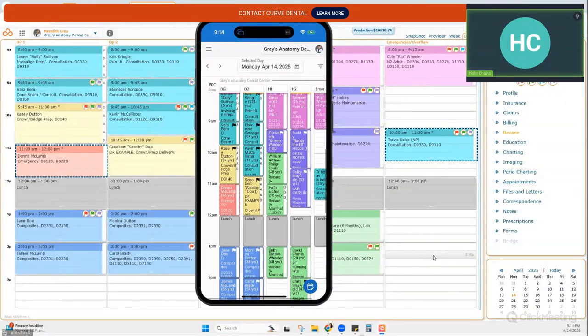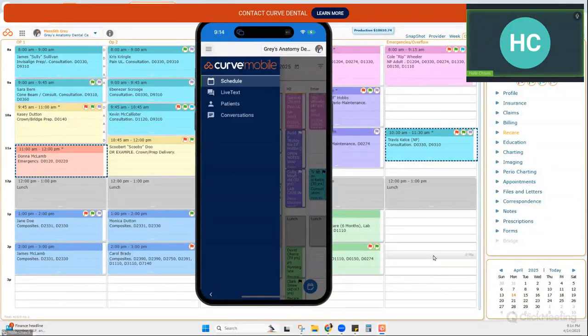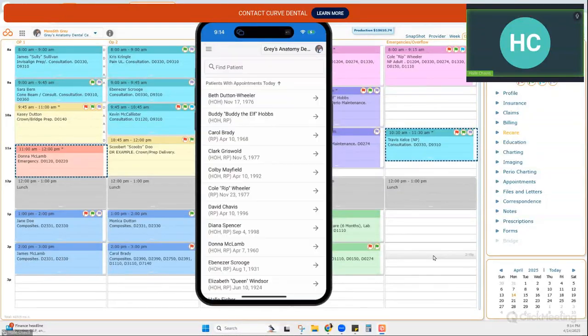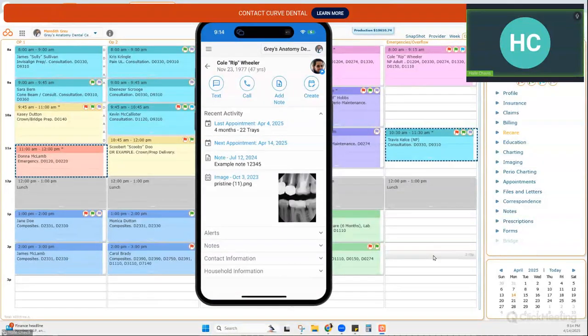You can text back and forth with patients, easily see exactly what's going on with them, and even pull up a patient record, seeing their images, which is something different than a normal patient engagement will offer you on their mobile app. Since we're all inclusive, you're actually getting the data like you would if you were logging in to Curve.